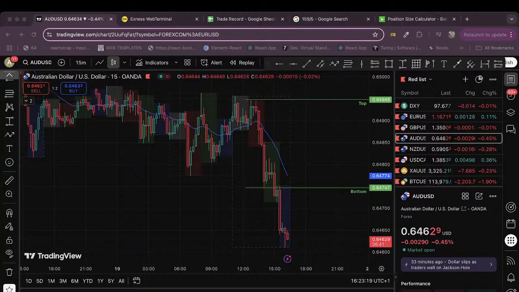I agree. I agree that the New Zealand dollar, it was a total oversight. I don't know why I didn't look deeper. But I get you.